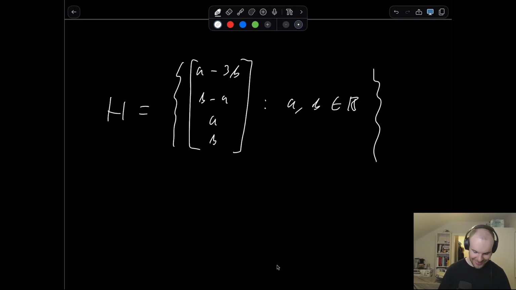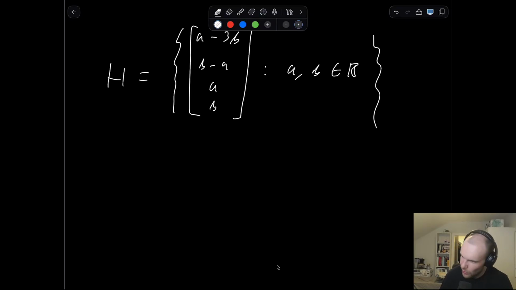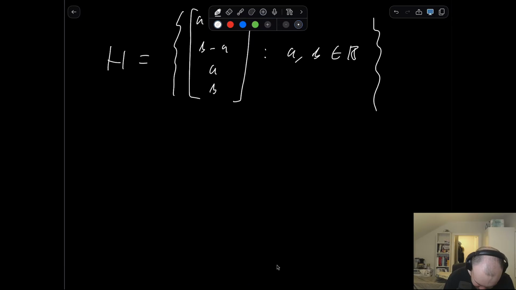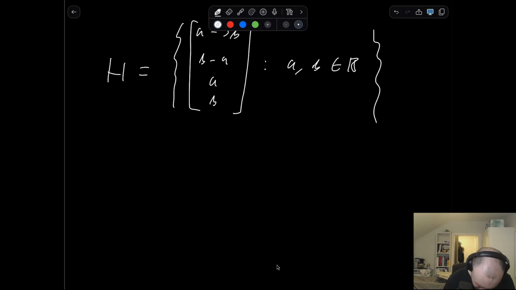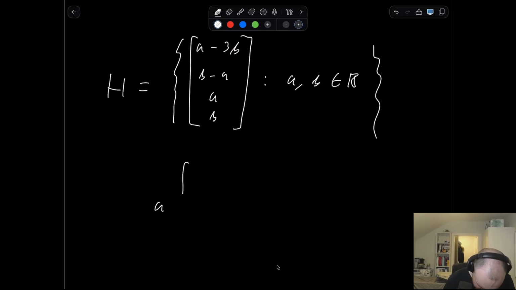Okay. So we want now to show that this set right here is a subspace of R4, and what we can do is use that theorem. The only thing we need to do is create those two vectors, and they should live in R4. You can be a little bit clever now, because you can see that we can set a outside, and a here is just 1, that's just minus 1, that's just 1 again, and 0.